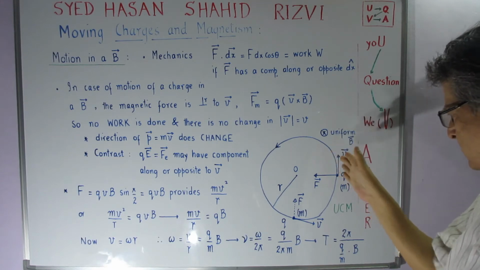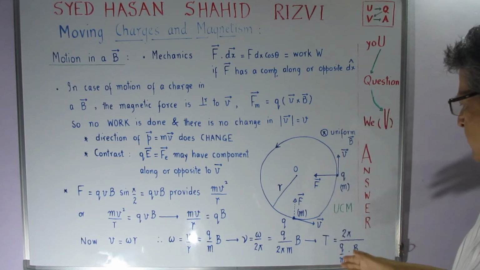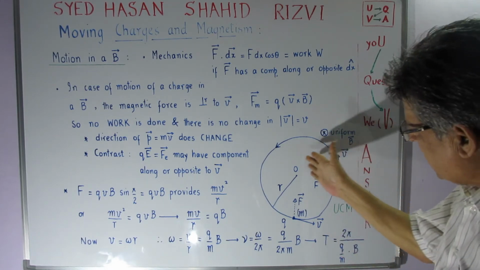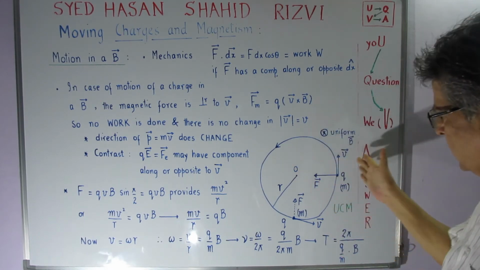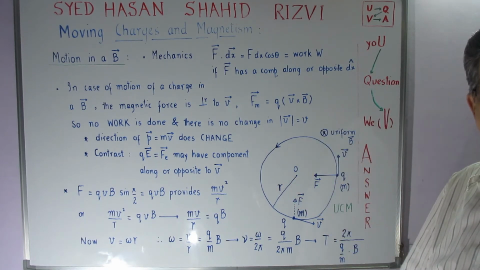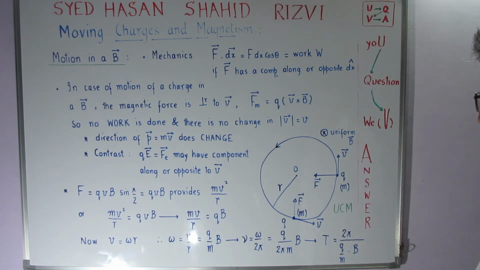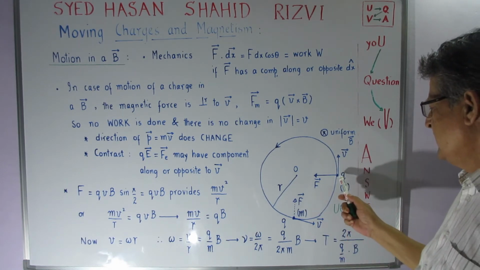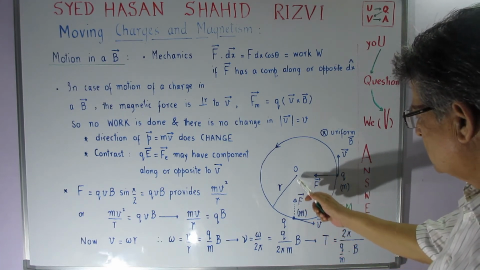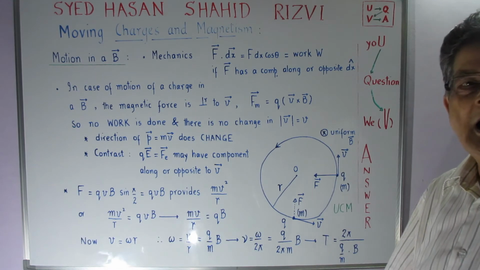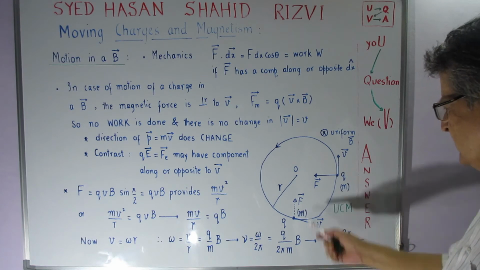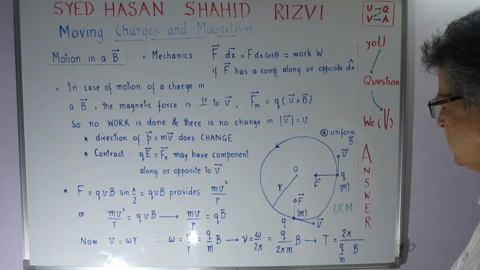You can also make your fingers go into the page of your copy, and then my thumb is like this. Then my pushing direction of the palm is towards the center. So I can see that there is a center seeking force, a centripetal force, and therefore there is a centripetal acceleration, also towards the center.